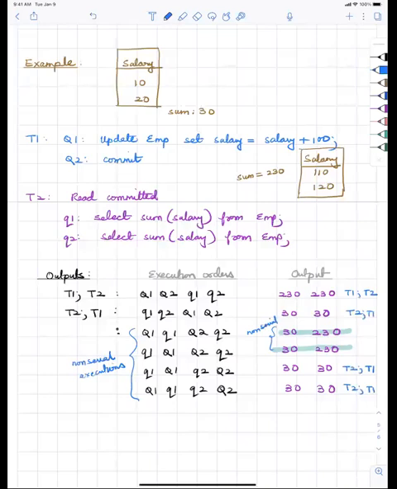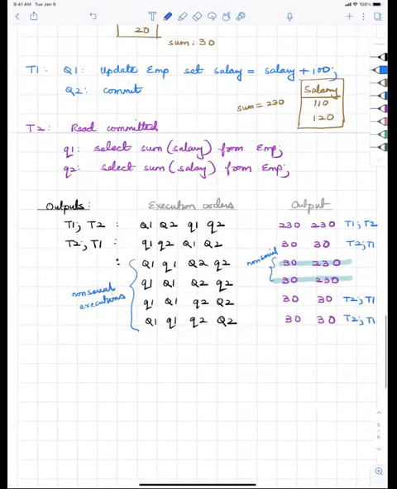Okay, so with a rollback, if you did a rollback, do you think you could get any non-serial outputs? If T1 did a rollback, then all the outputs would be serial.